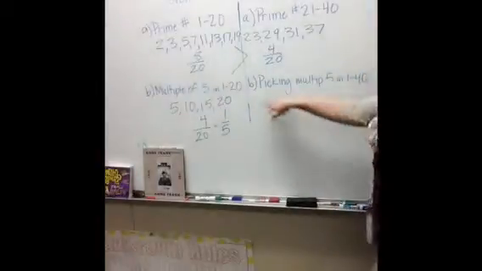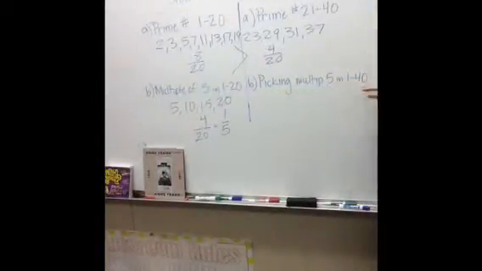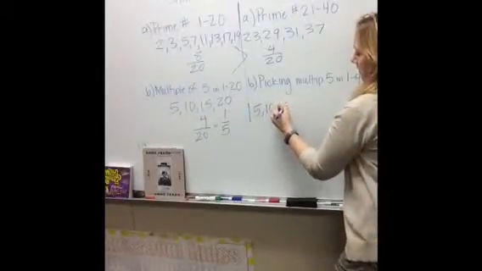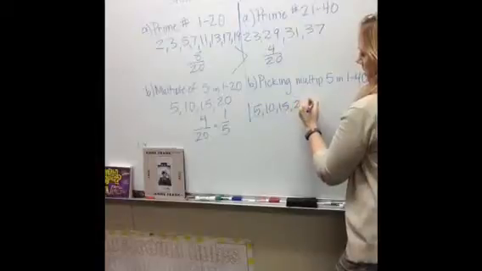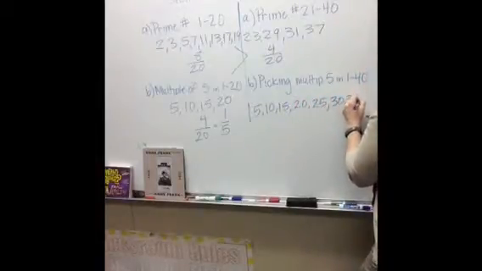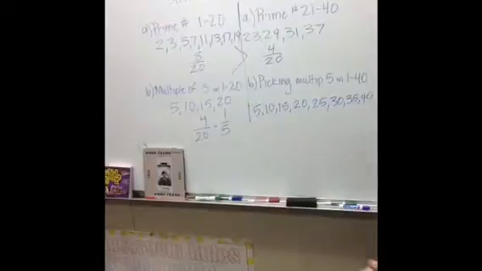Okay? For game 2, part B is picking a multiple of 5 in 1 to 40. So that's going to be 5, 10, 15, 20, 25, 30, 35, and 40. I want to make sure I wrote that down correctly. Yep. So obviously there you have a lot more chances.